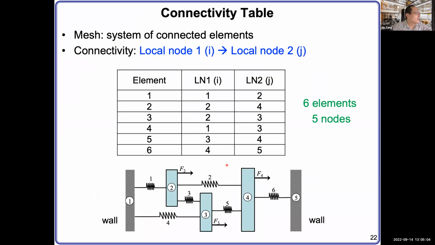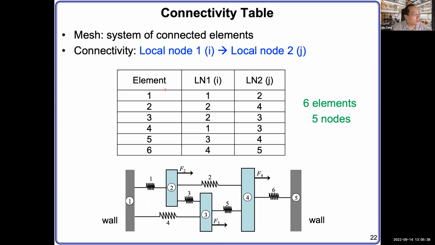Now, we also discussed the connectivity table, right? This is a very important table that you need to generate when you are working on the 1D spring system. The convention is from left to right, from the left node number to the right node number, and then you form the columns with the element number, the left node number of the element, and the right node number of the element.